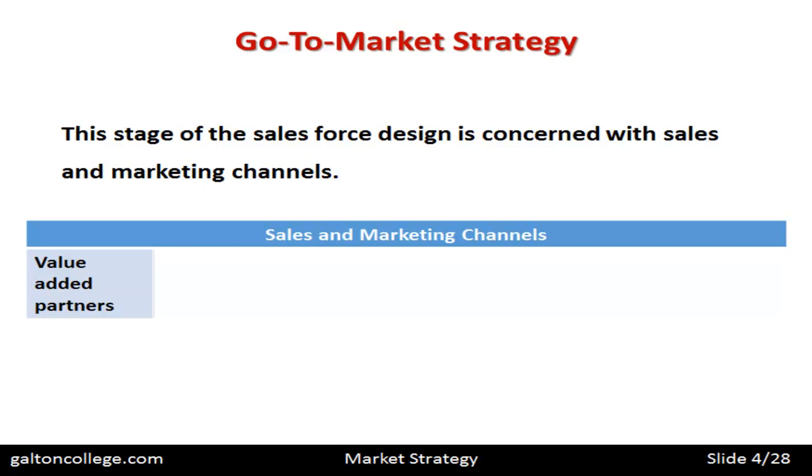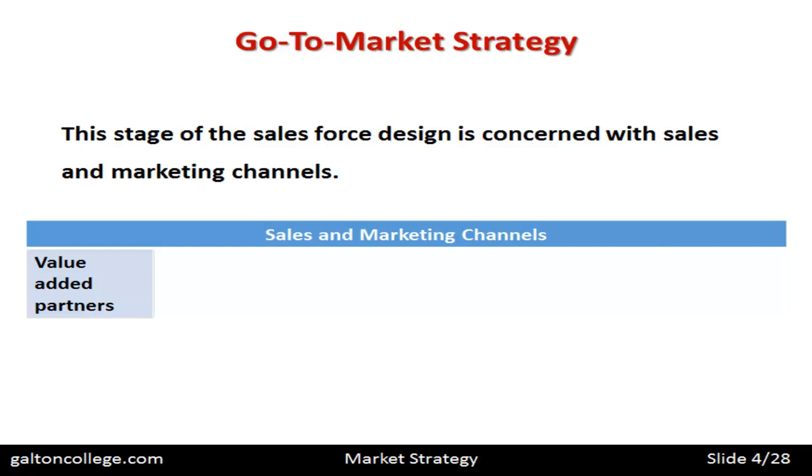value-added partners. So when an organization makes sales, it may sell to a department store on the high street. Now the company who produced the product has made some sales, but the sales to the department store will be sold on to the public. So the manufacturer and the sales outlet are partners in the whole sales activity.